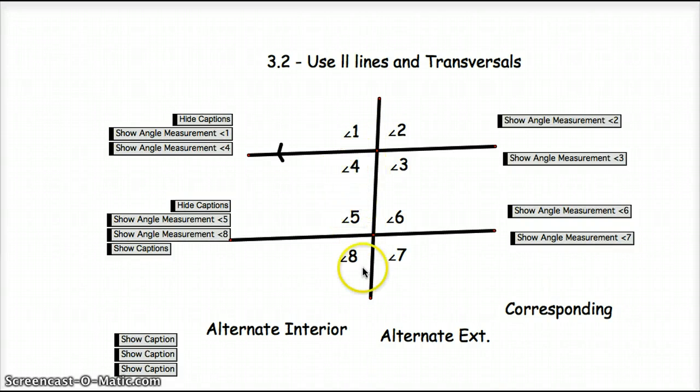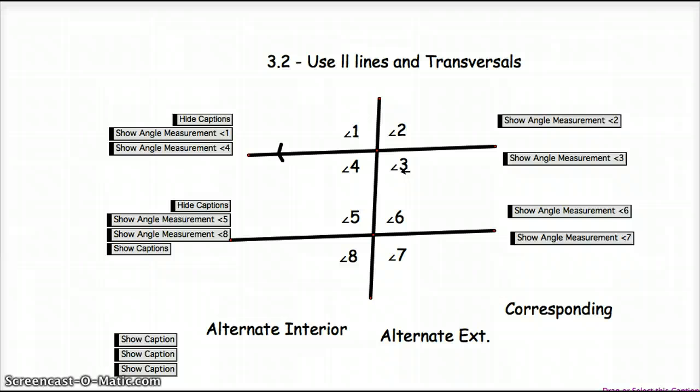Okay? 4 and 8 are corresponding. They're both on the same side of the transversal, and they're both on the bottom of the line. Okay? 2 and 6 are both corresponding angles because they're both on the same side of the transversal, and they're both on the top. And 3 and 7 are corresponding as well because they are both on the bottom on the same side of the transversal.